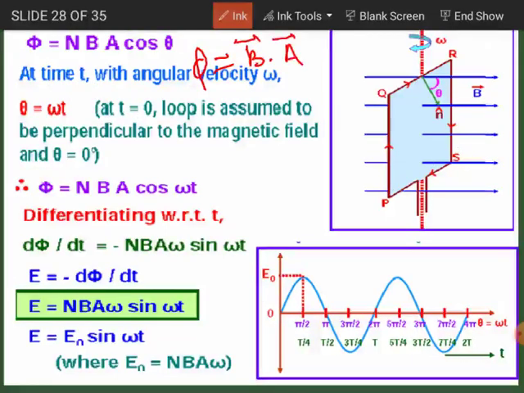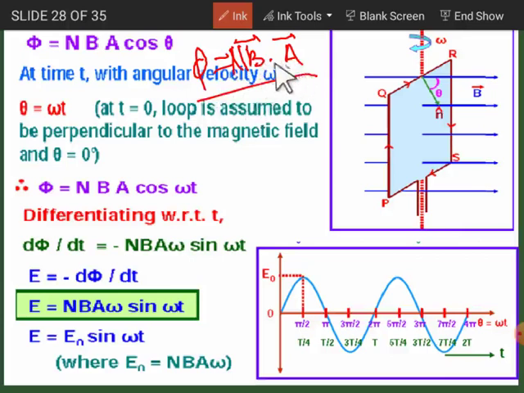We have done this one. For one turn this will be the expression, but if there are capital N number of turns, then you need to put that factor N. If there are 2 turns, then twice of this. If there are 3 turns, 3 times of this B dot A. If there are capital N number of turns, then you need to put a factor capital N here, N times.